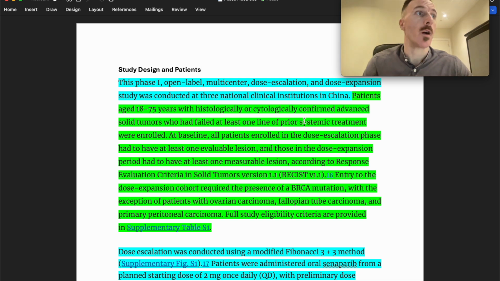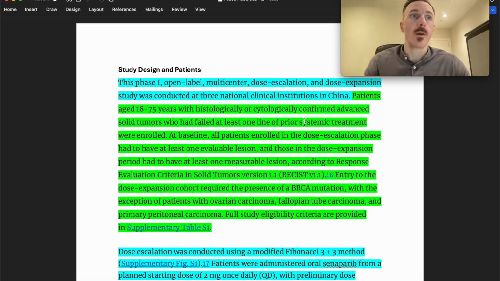The goal is often to identify the appropriate dosage levels and potential side effects, and they serve as the foundation for subsequent efficacy testing in a phase two trial.